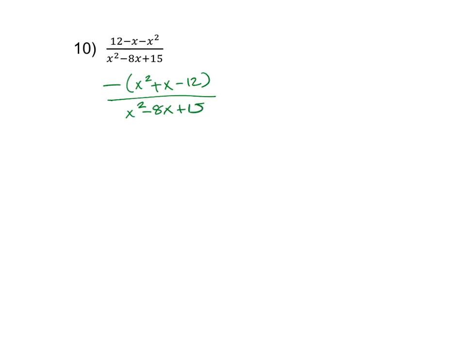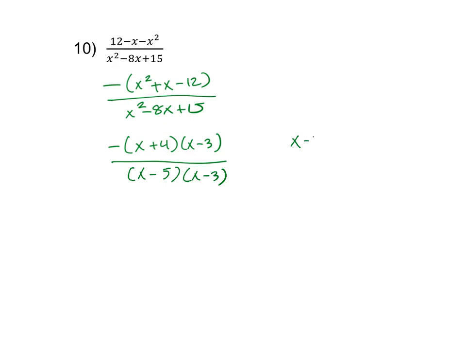So now we can factor two numbers that you multiply and give you 12, and you subtract and give you 1. So I have x plus 4, x minus 3. On the denominator, two numbers that you multiply and give you 15, and you add and give you negative 8. So in this case, it's x minus 5, x minus 3.